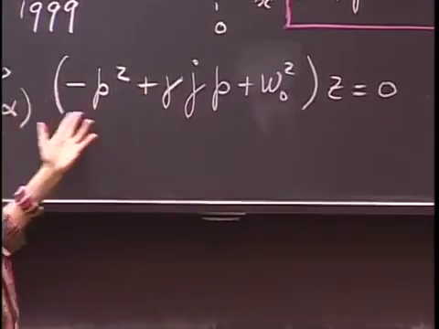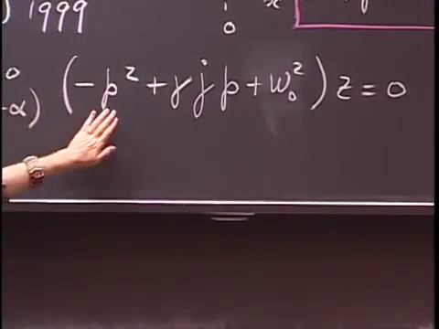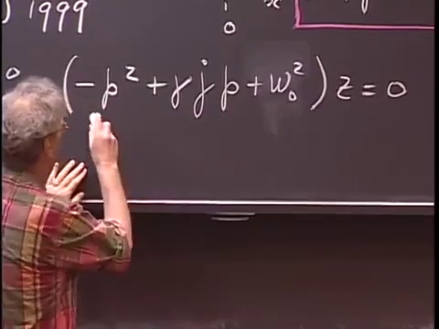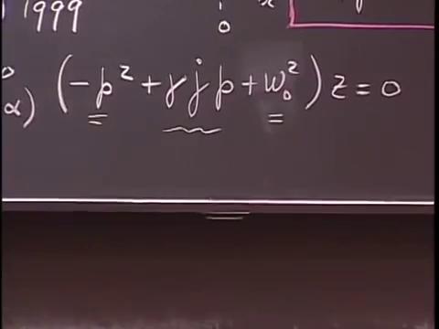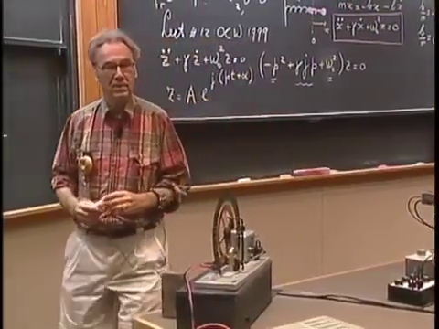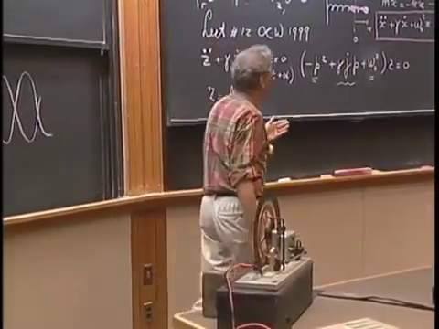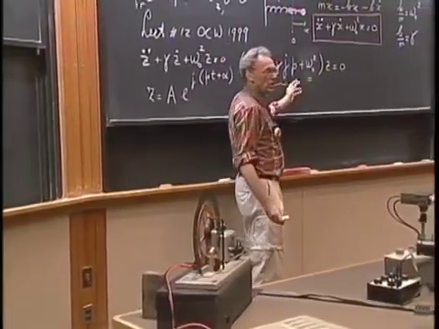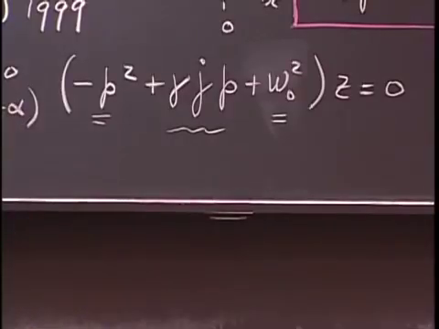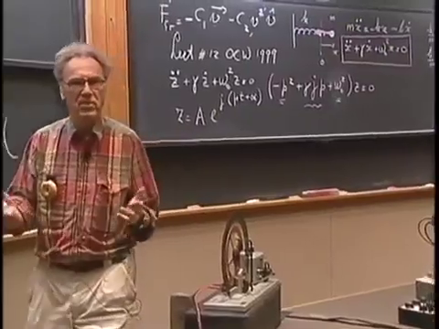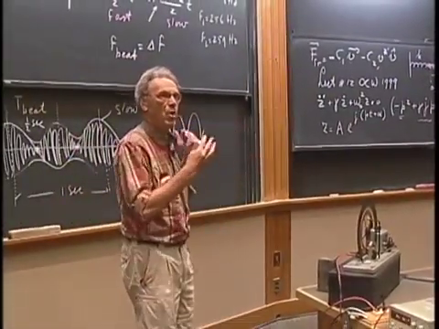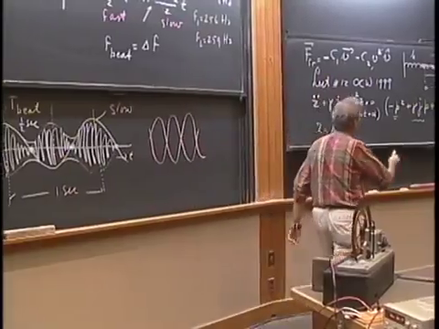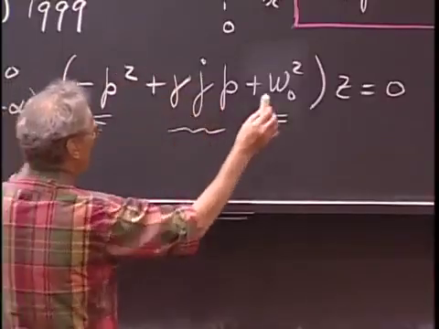If you have an equation which has a real part and an imaginary part, then both must independently be 0, for obvious reasons. These are apples, and these are oranges, and 5 apples minus 5 oranges is never 0. You cannot subtract apples from coconuts. So this has to be 0, and this has to be 0.